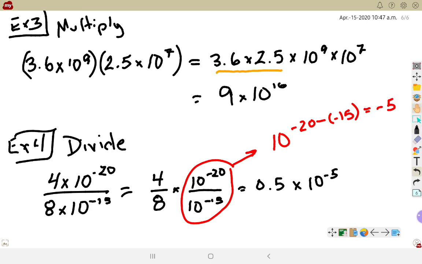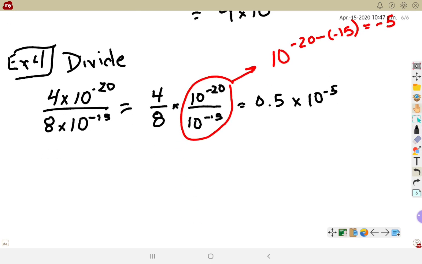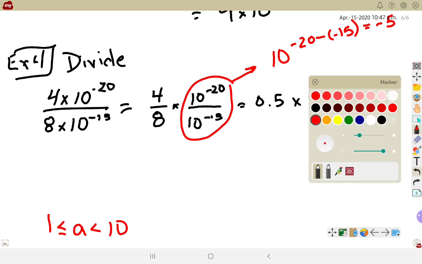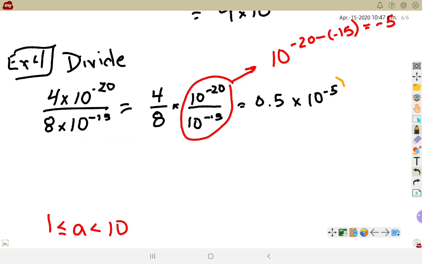But this is a problem because this right now is not the form for scientific notation. We've said that for the form for scientific notation, A has to be between 1 and 10. And right now it is not between 1 and 10. It is smaller than 1. Okay, so if you think of what this means, I'm putting 5 zeros in front of this 0.